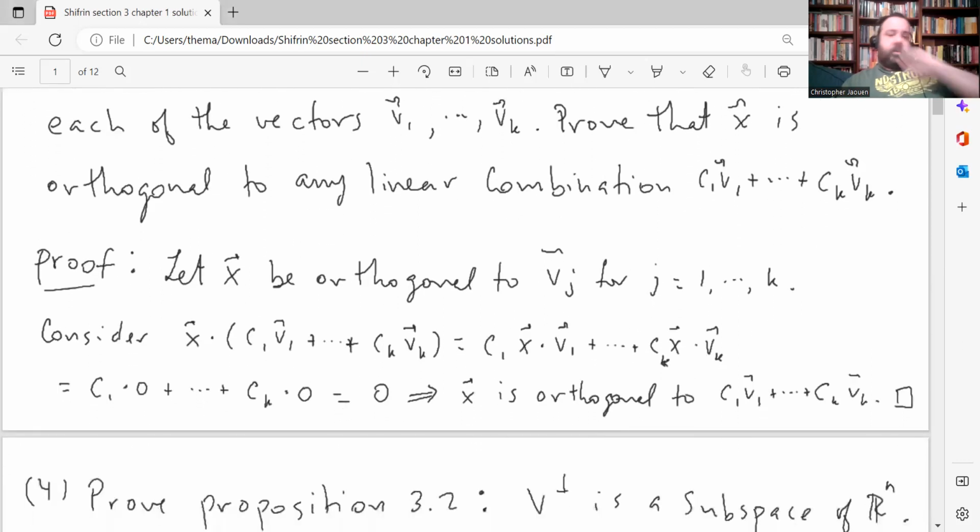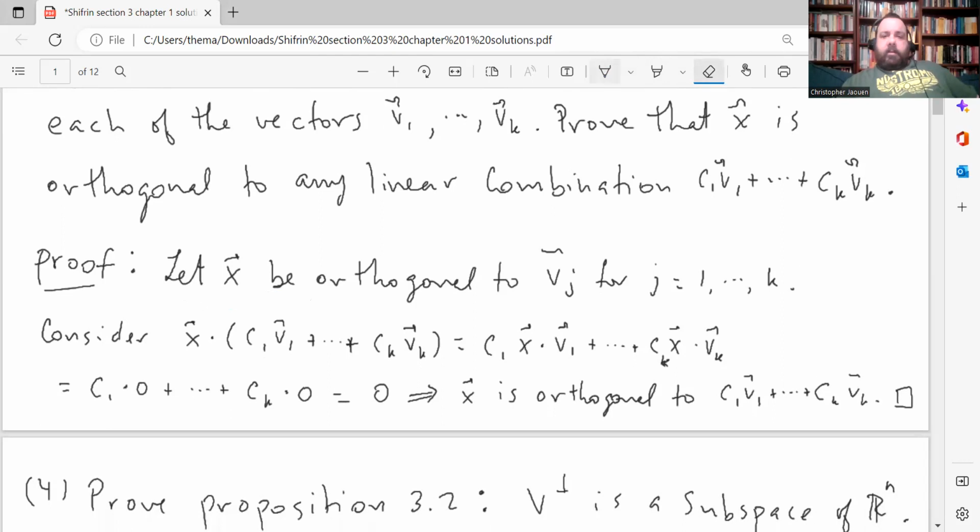All right, so here's the proof. Let x be orthogonal to each of those vectors vj for j from 1 through k, and we take the dot product of x with an arbitrary linear combination of them. Using the fact that the dot product distributes over vector sums, we can distribute the x to all the terms in the sum.